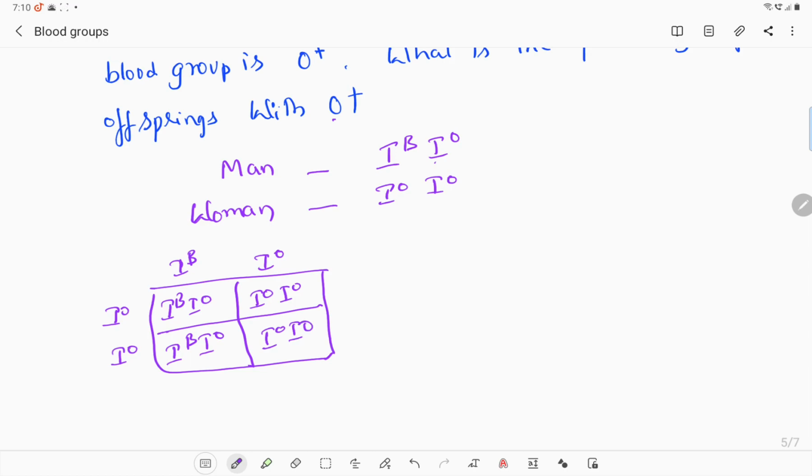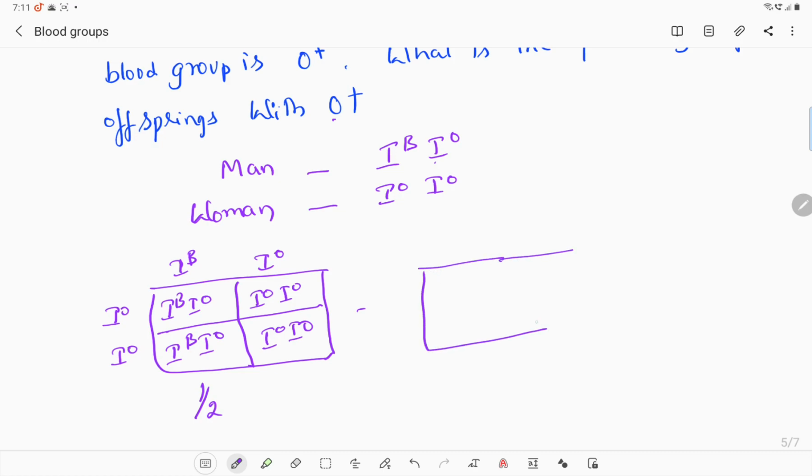So how much are we getting? O blood group is 2 out of 4. That means 50% are O blood group. So he is asking O positive. O positive means the man and woman might be heterozygous.